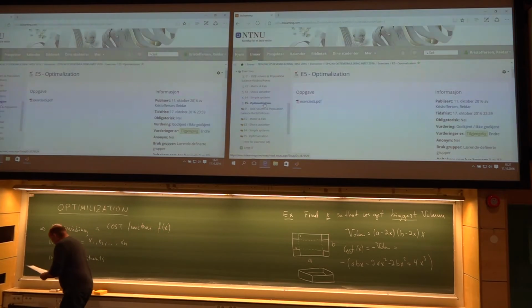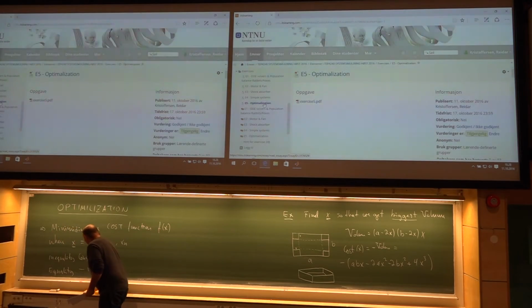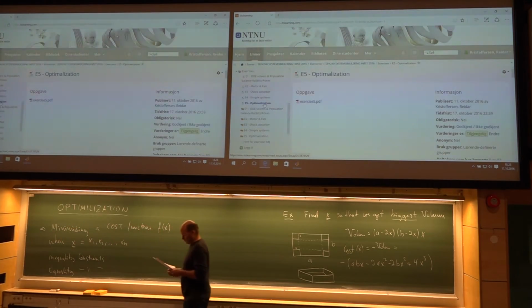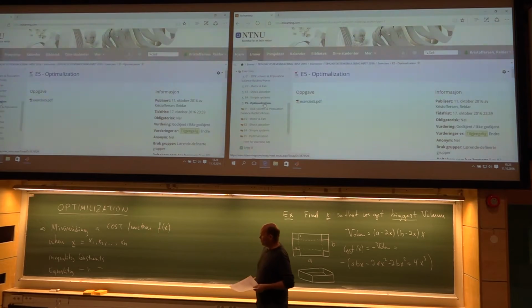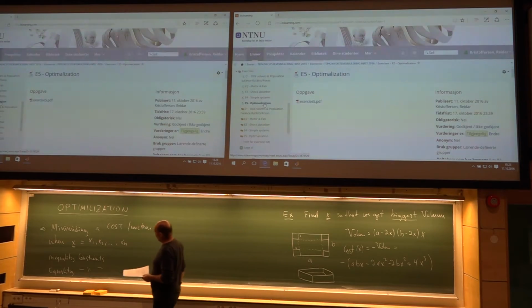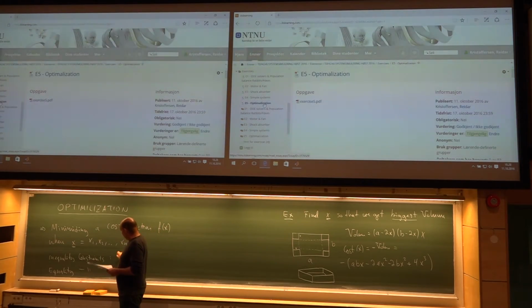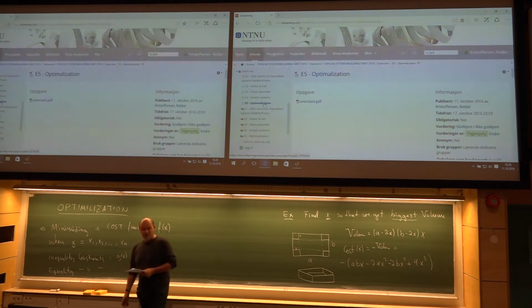And we have equality constraints. Inequality constraints, meaning you have some expressions, some functions, g of x, that has to be bigger or equal to 0.